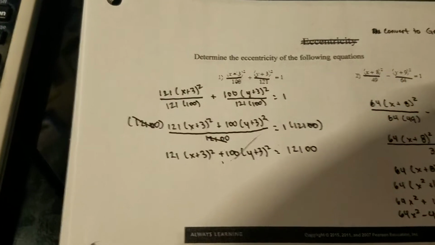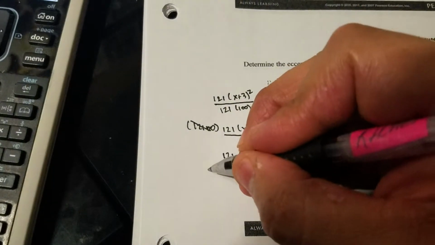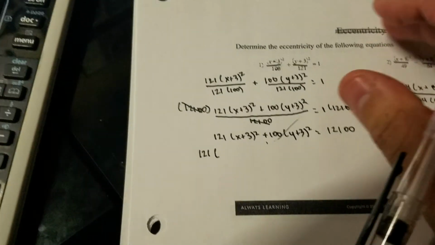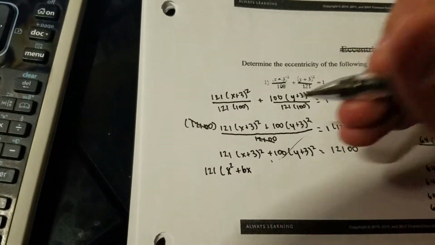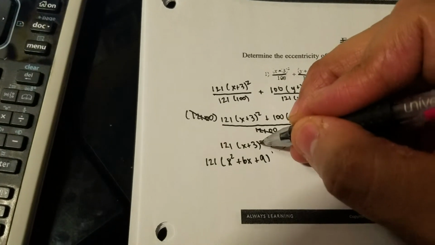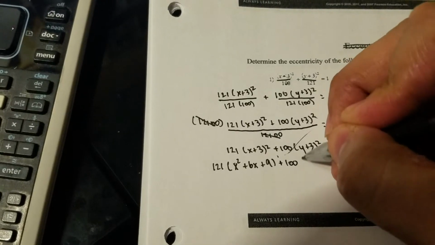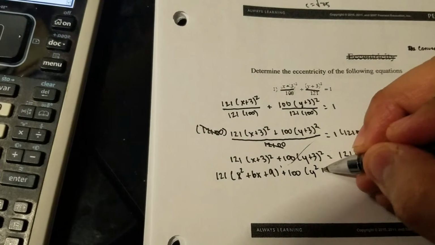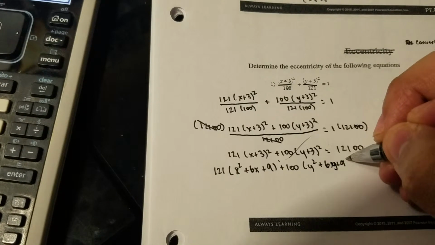Okay. So what I'm going to do now is the FOIL. Guys, I'm not going to make this its own step, I'm just going to tell you what this is. So if I did FOIL, x plus 3 squared, x plus 3 times x plus 3, this is what I would get. Oops, this should be a y.